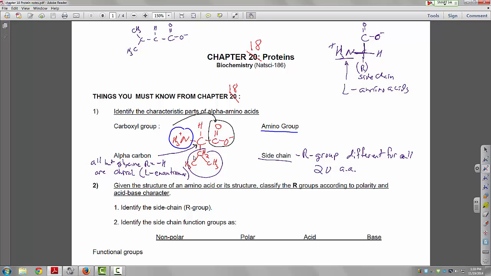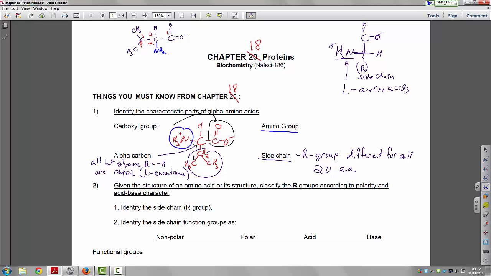This is carbon number 1. Carbon number 2 is the alpha carbon. Carbon number 3 would be beta. These are all alpha amino acids, because on this alpha carbon, carbon number 2, there's an amino group.